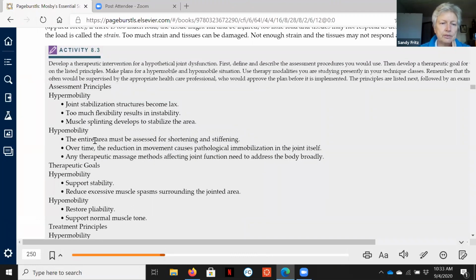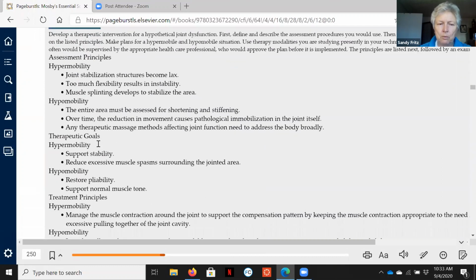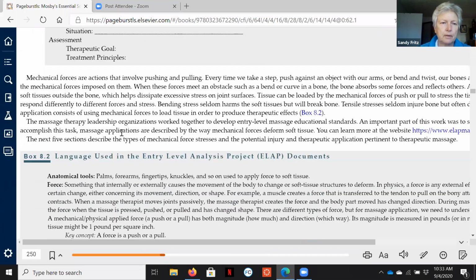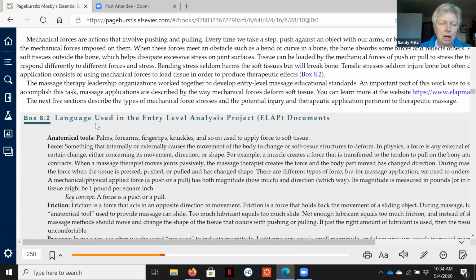This activity here is going to give you some things to think about in terms of how would I use this information in assessment? What if somebody is hypermobile or hypomobile? And what kind of a treatment plan would I want to pull together for that? Also, this language that we've been talking about has been used to describe massage methodology in what's called the entry-level analysis project.